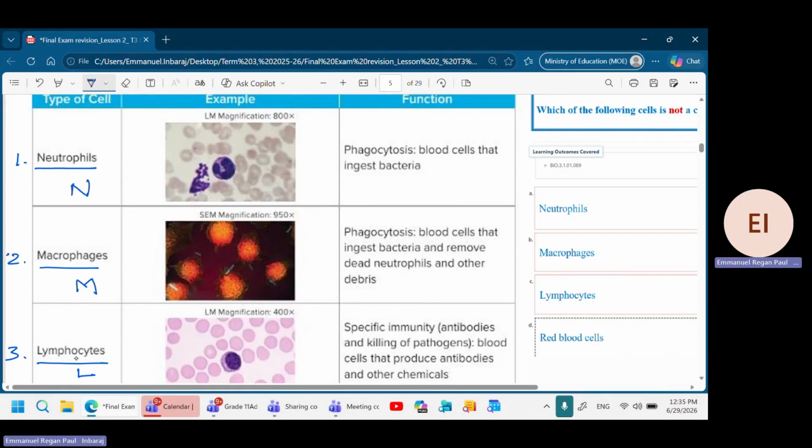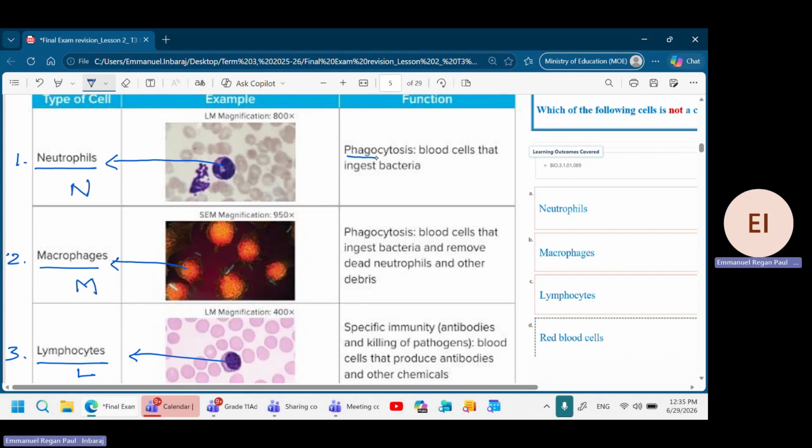Neutrophils, macrophage, and lymphocyte. Now, what does a neutrophil do? Look at the picture. Understand the picture as well. If you get this picture, then you should say that this is neutrophil. This is macrophage. And this one is lymphocyte. Now, what is the role of neutrophil?